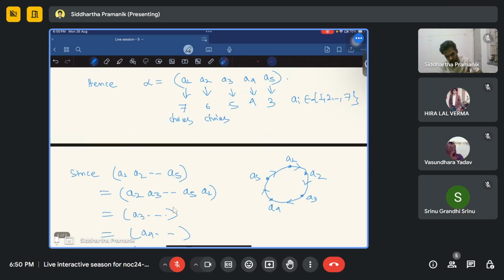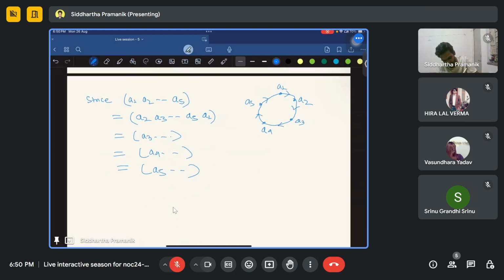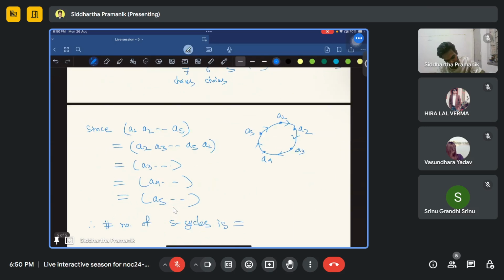So what are the total possibilities? The total number of 5 cycles is equal to, we have 7 choices, and these choices are independent, so we multiply them: 7 times 6 times 5 times 4 times 3. But we have these repetitions also, right?